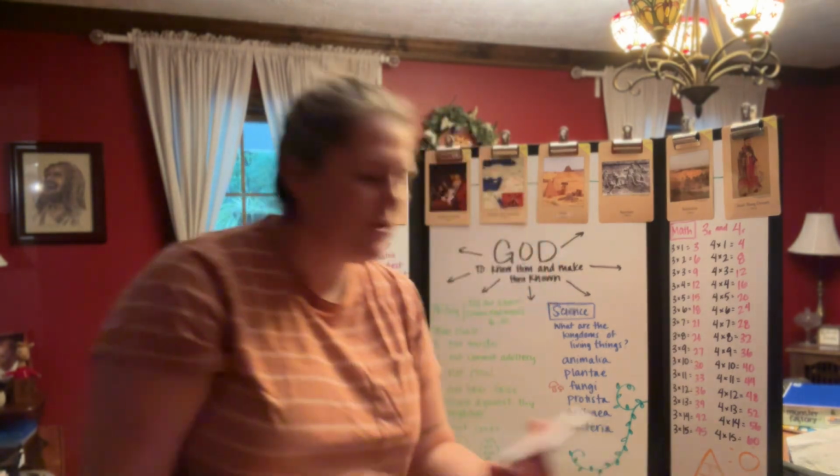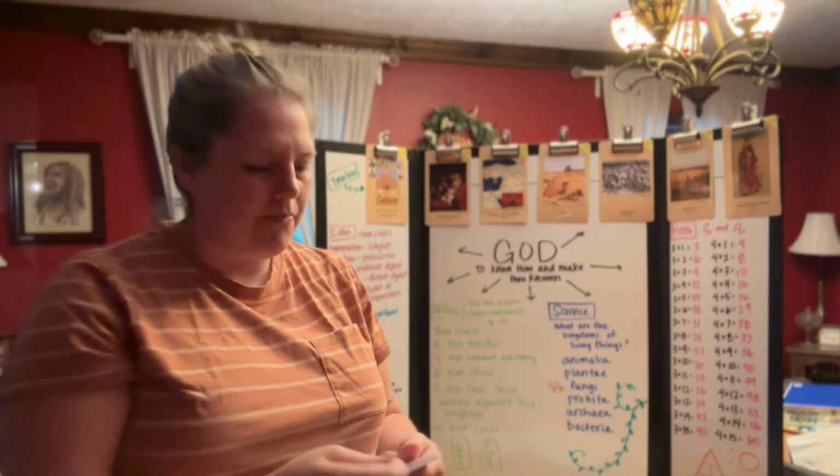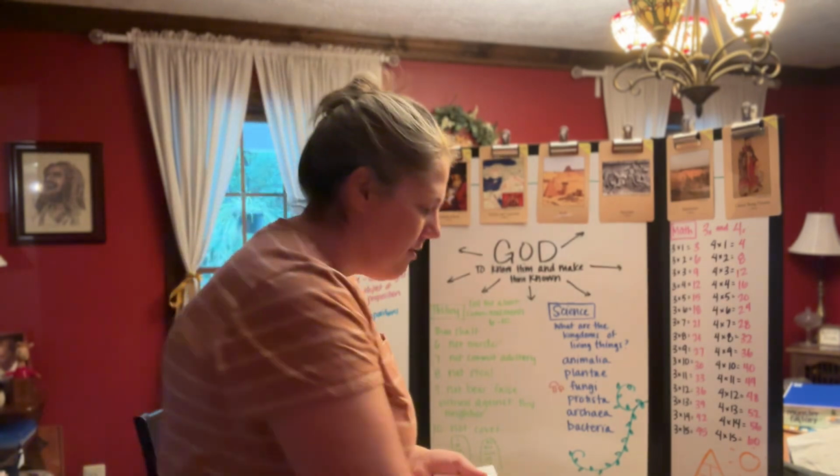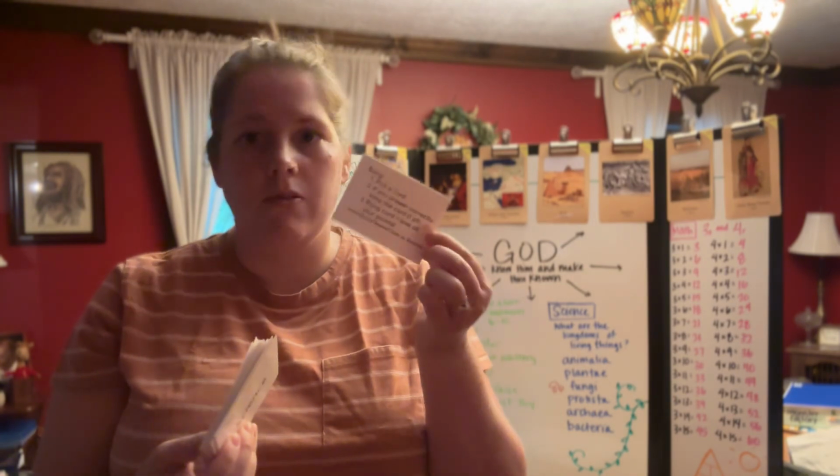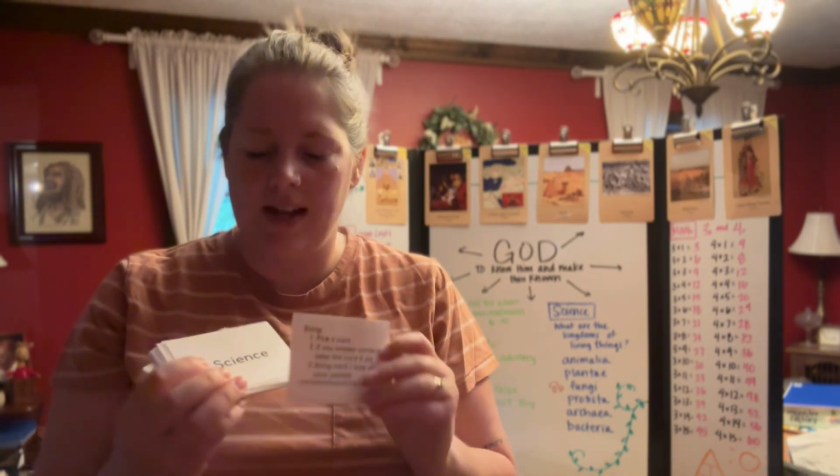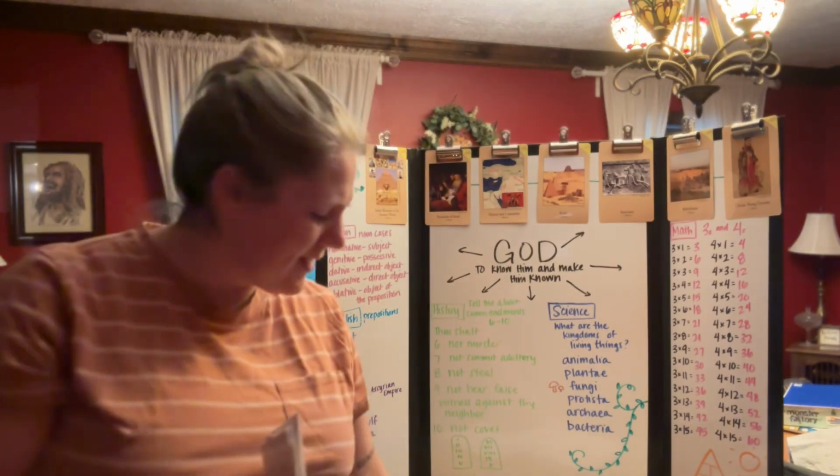And then for review today, we played a different game called Bang. I made this set myself, but it was super simple. I just made a note card with the rules on it because I forget the rules to games really easily, and it's helpful to have a little cheat sheet.